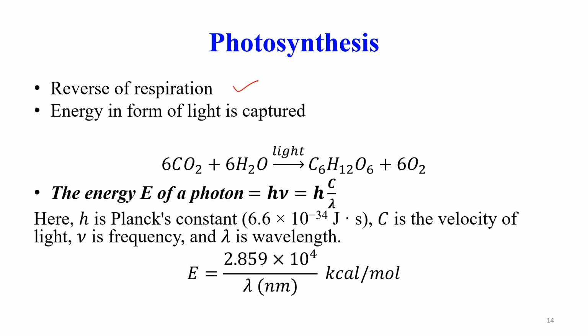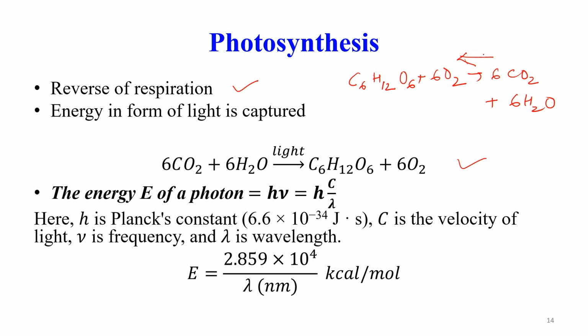What was the equation for respiration? If you remember, it was C6H12O6 plus 6O2, which is converted to 6CO2 plus 6H2O. If I reverse this reaction, that is called photosynthesis.